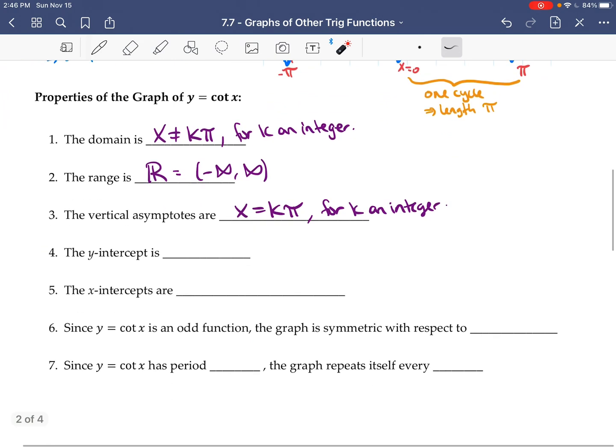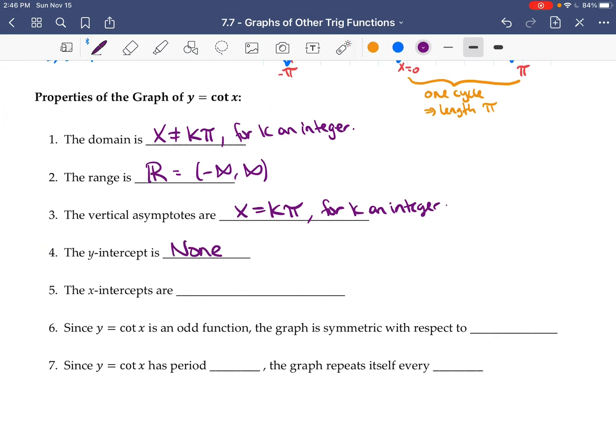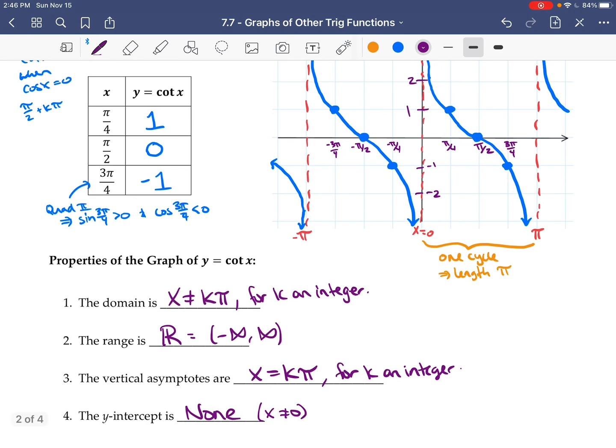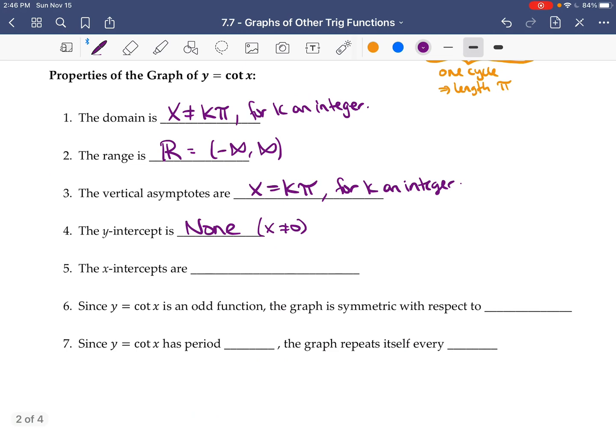Okay, here we do not have a y-intercept because x cannot be 0. But we do have some x-intercepts at pi by 2 plus multiples of pi. So the x-coordinates are going to be pi by 2 plus some integer multiple of pi.